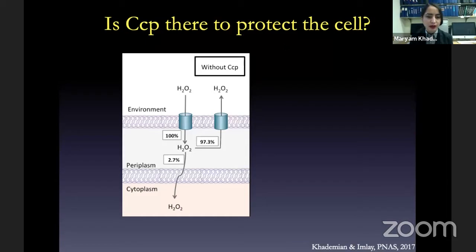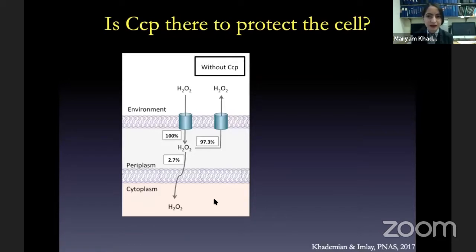And we showed that when hydrogen peroxide enters the periplasm from the environment, most of it goes back out through the porins that are in the outer membrane. About 2.7% of it can pass through the inner membrane and get into the cytoplasm. This was modeled without having CCP in the picture.